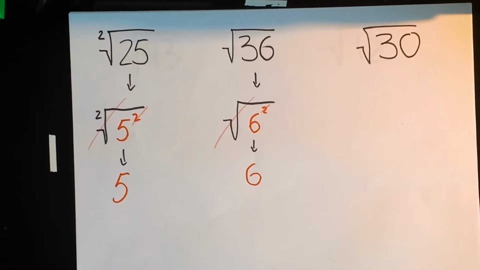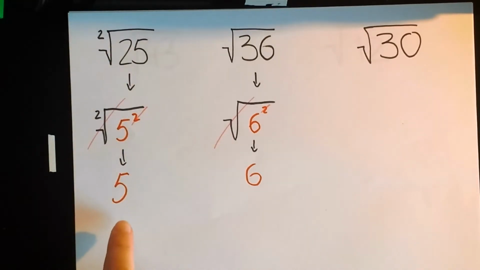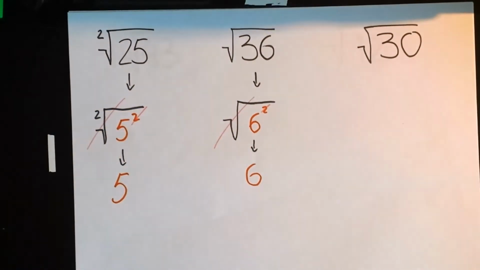So 30 falls right in between those two. There are no other perfect squares that are closer to 30. And conveniently, we already worked out 25 down to 5 and 36 down to 6.